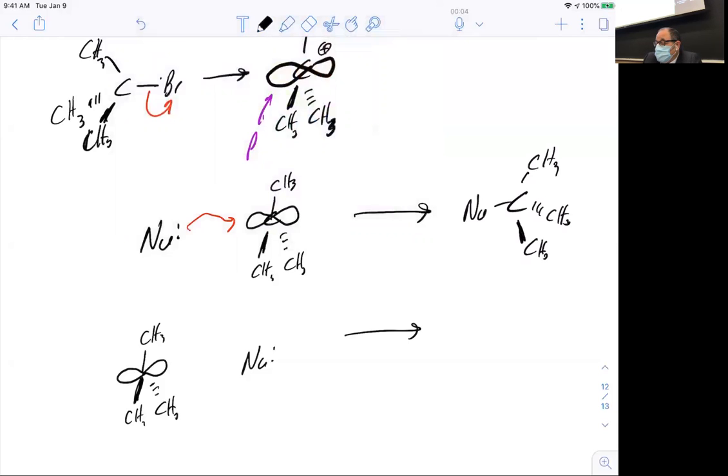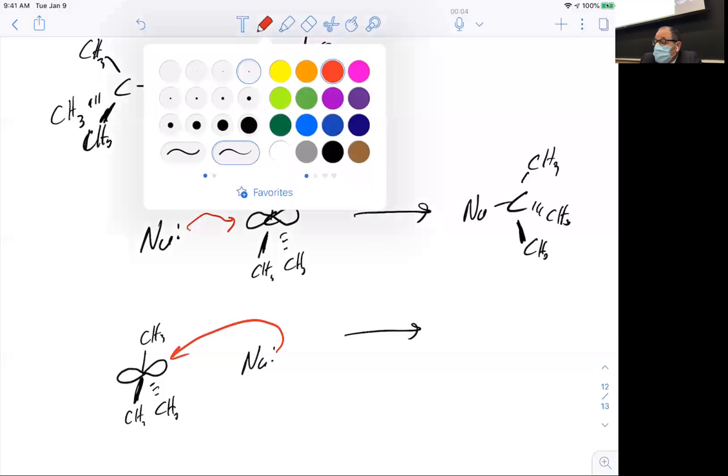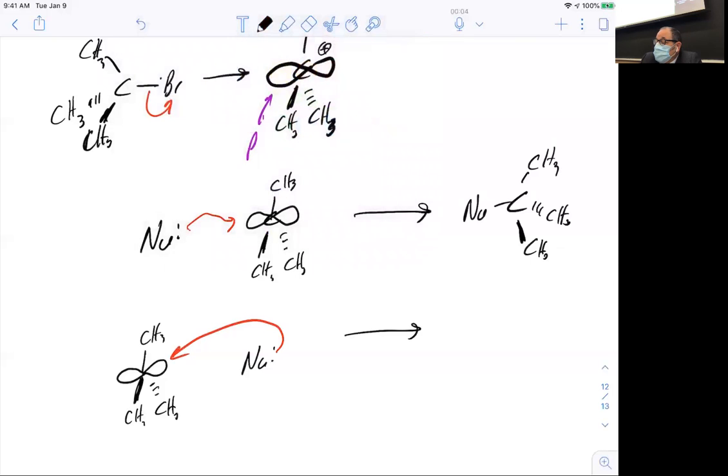Or I potentially could react on the same side. So I could do back or same side.